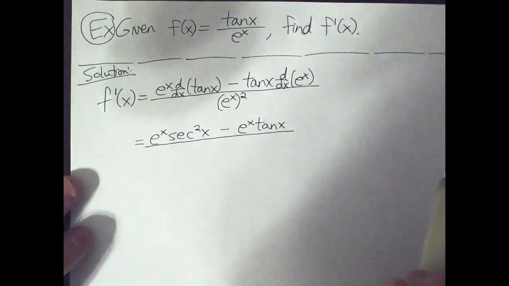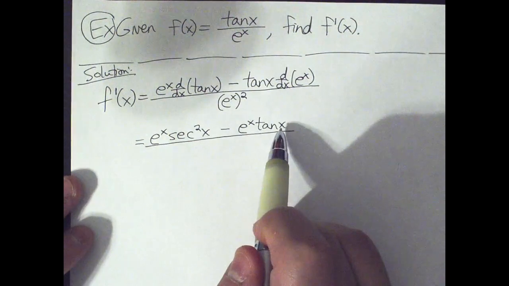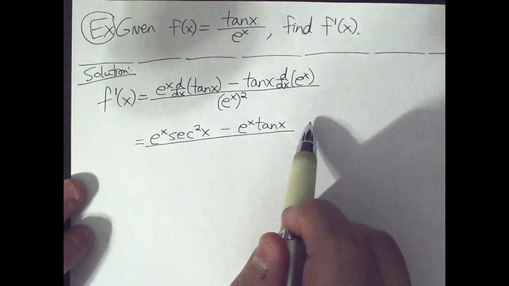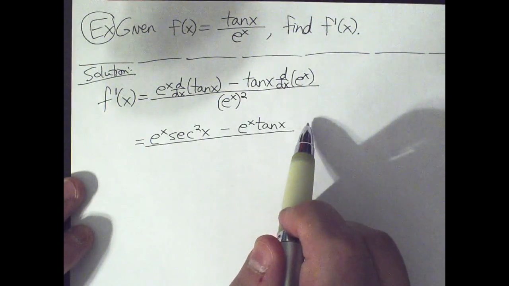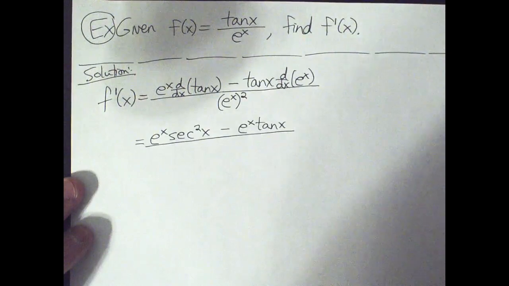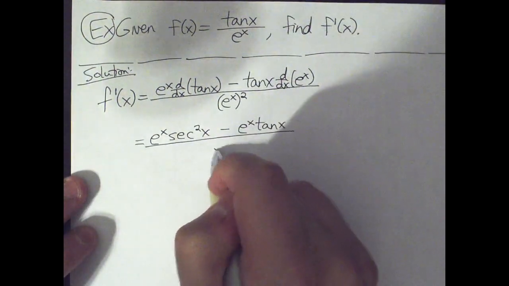Whenever there are trig functions involved, I prefer to move things to the left of them so that it doesn't look like I'm doing tangent of x e to the x, right? It's clear that I'm only doing tangent of x because the e to the x is here. All right, on the bottom, we've got e to the x squared.